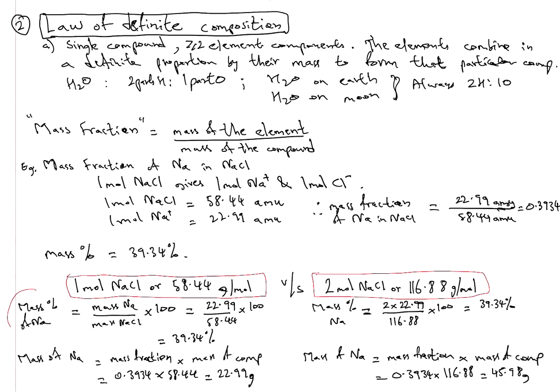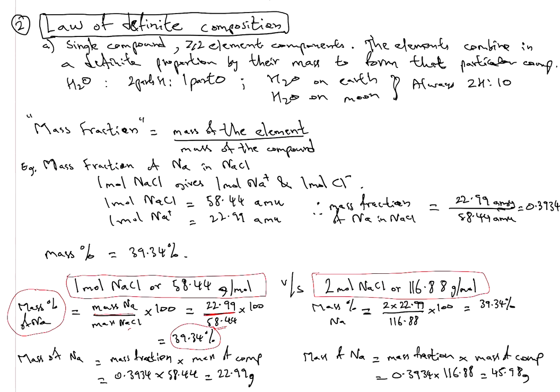If you calculate the mass percent of sodium in sodium chloride, that is mass of the sodium upon mass of sodium chloride multiplied by 100 if you want to take a percentage. The mass of sodium, as I said, 1 mole of sodium chloride gives 1 mole of sodium, and every mole of sodium weighs roughly 22.99 or 23 grams, divided by the 58.44 grams, which is the weight of the compound. And if you multiply that by 100 to get percentage, you get 39.34%. And that is the mass percentage of sodium in 1 mole of sodium chloride.